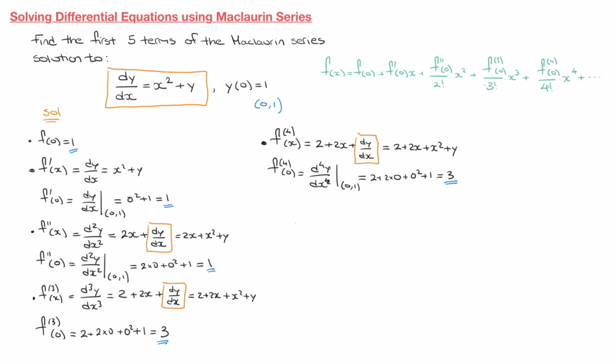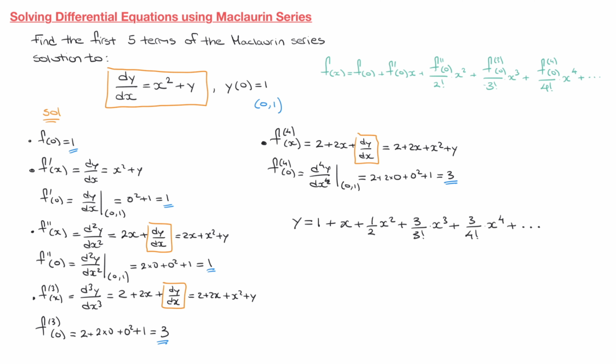So we can go ahead and state that the solution is y equals f of 0, which is 1, plus f dash of 0 times x, so that's 1 times x, which is just x, plus the second derivative evaluated at 0 over factorial 2, times x squared, and the second derivative evaluated at 0 was 1, so that becomes 1 over 2 times x squared, plus the third derivative evaluated at 0, which remember was 3, so that's 3 over factorial 3 times x cubed, plus the fourth derivative evaluated at 0 over factorial 4 times x to the power of 4, and since the fourth derivative evaluated at 0 was 3, that becomes 3 over factorial 4 times x to the power of 4, and I mustn't forget to write the plus 3 dots at the end there.